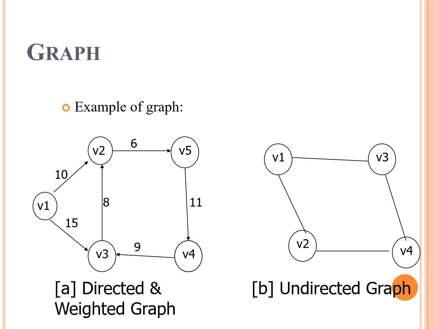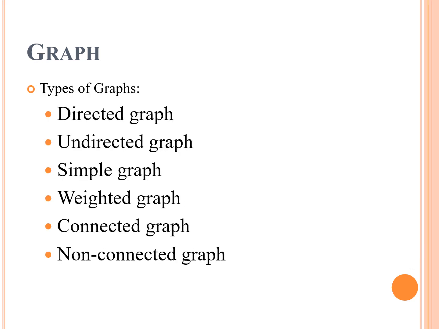The weight of going from V1 to V2 is 10 and from V2 to V5 is 6. In an undirected graph, the line doesn't contain any kind of arrow. It means it is a two-way relationship, meaning we can go from V1 to V2 and, as usual, we can come from V2 to V1.